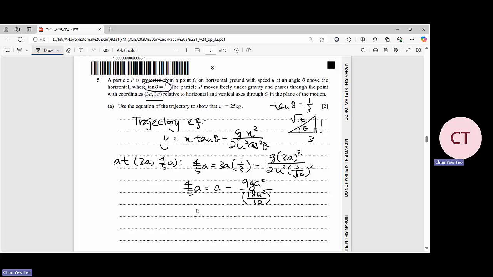So you are having 5ga square over u square is equal to 4/5 a. Therefore your u square is equal to 25ga, shown. That would be the answer for number 5a. Okay, so now we move on.